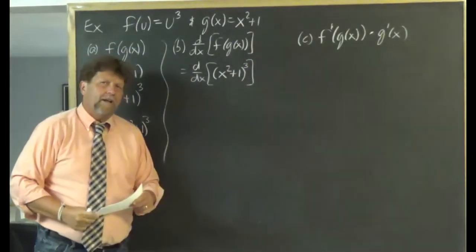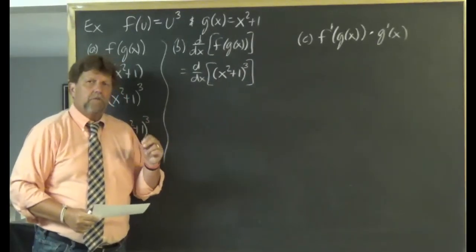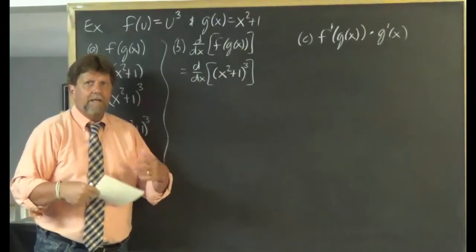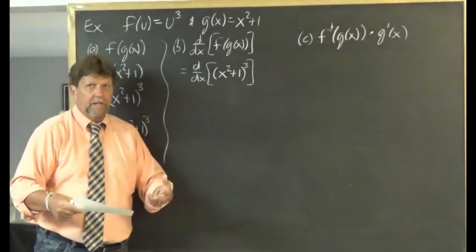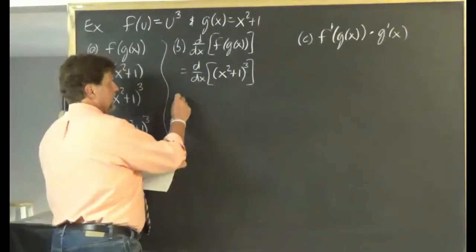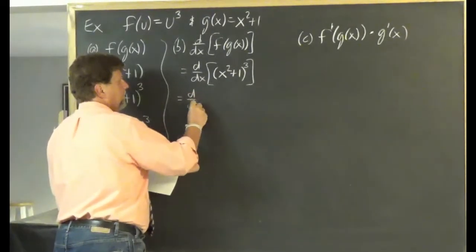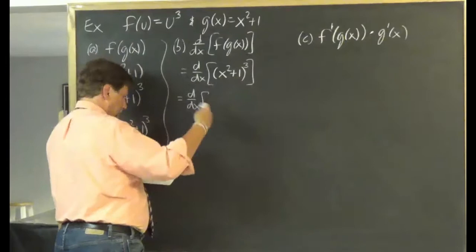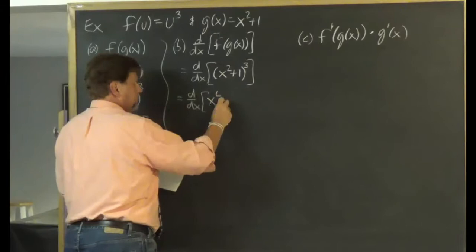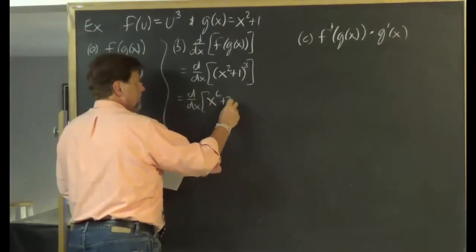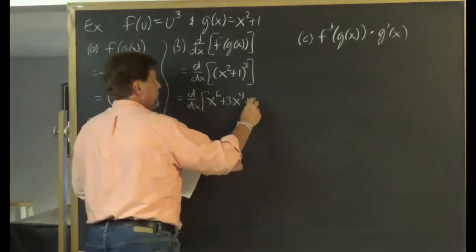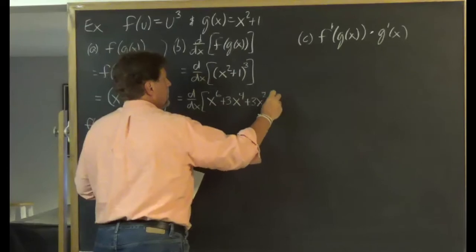And the only way we have right now of differentiating this x squared plus 1 quantity cubed is to expand it out, to take x squared plus 1 times x squared plus 1 times x squared plus 1, multiply it all out, and combine like terms. If we do that, multiplying x squared plus 1 by itself 3 times, we'll get x to the 6th plus 3x to the 4th plus 3x squared plus 1.